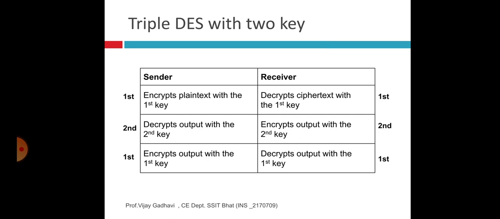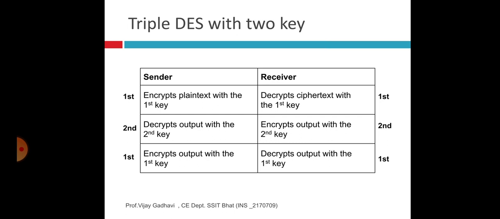Triple DES with 2 keys: here we have a sender and receiver. The sender encrypts plaintext with the first key, and the receiver decrypts ciphertext with the first key.